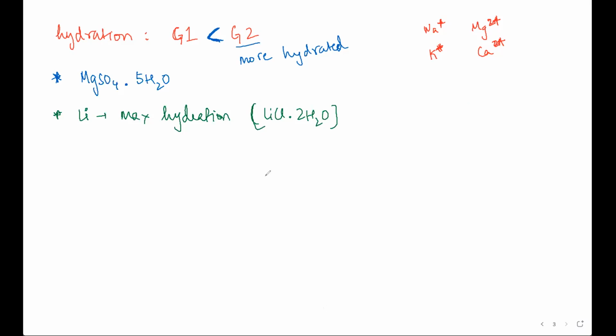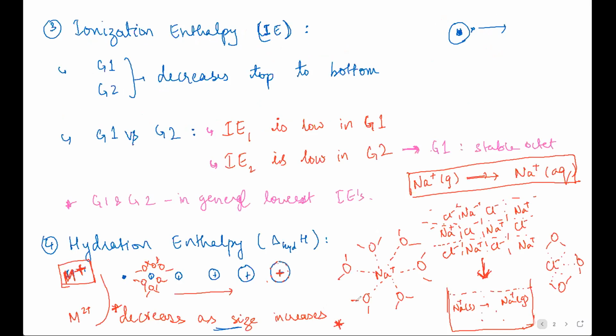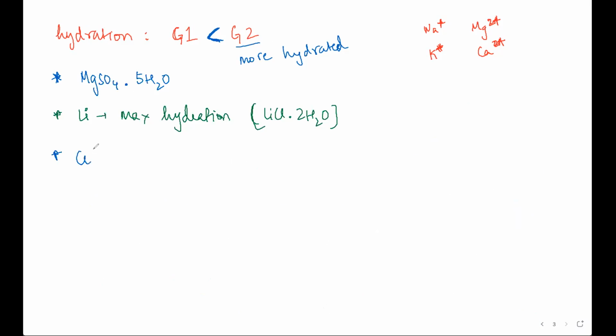But lithium salts are hydrated. Group 2 salts, calcium and beryllium salts, are extremely hydrated. Another result from this trend is that because hydration decreases as size increases, cesium plus ions have maximum mobility in water.